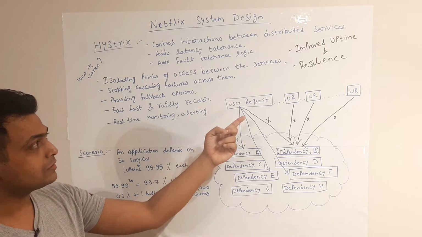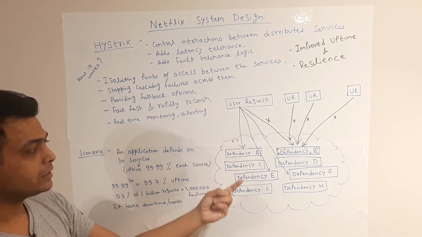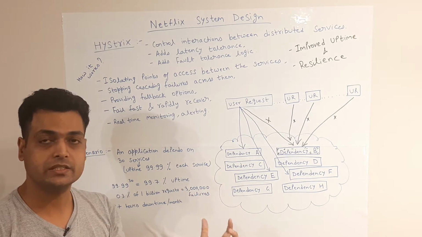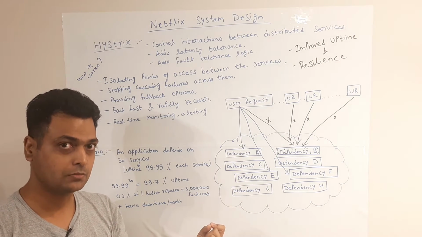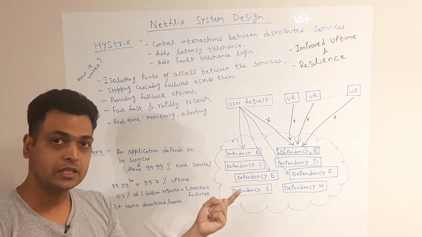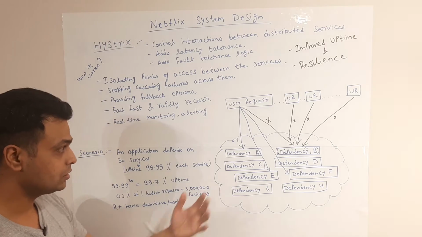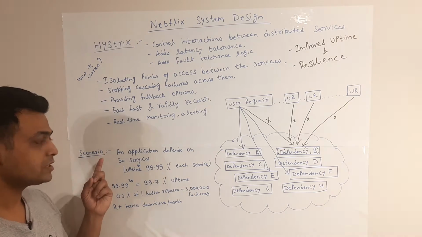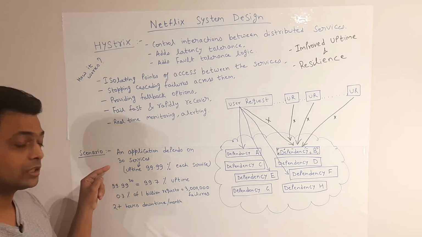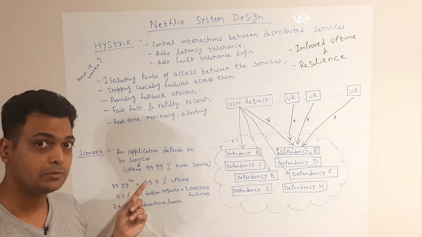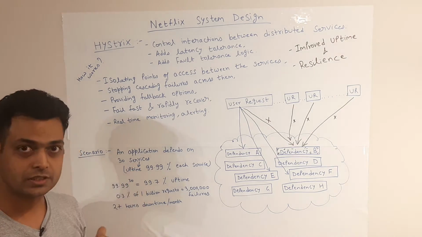If you have a user request and there are many dependencies running as services in the system, and they might have dependencies on each other also. Now suppose there is an application which depends on, say, 30 services, and each service has an uptime of 99.99%.